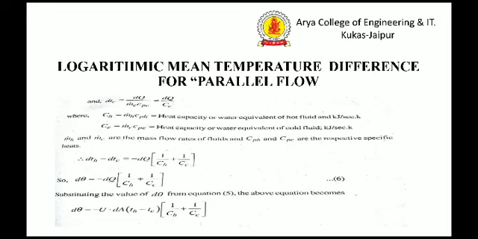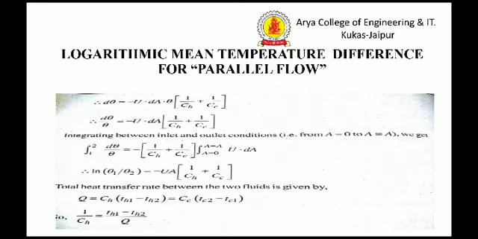Substituting the value of d theta in the equation, we will get d theta is equal to minus U dA (Th minus Tc)(1 by Ch plus 1 by Cc). So we will get d theta upon theta is equal to minus U dA (1 by Ch plus 1 by Cc).